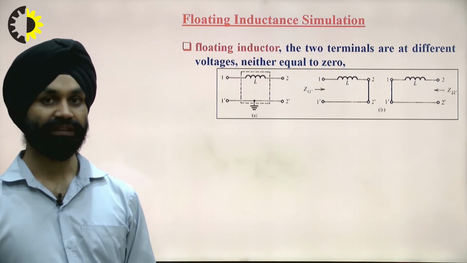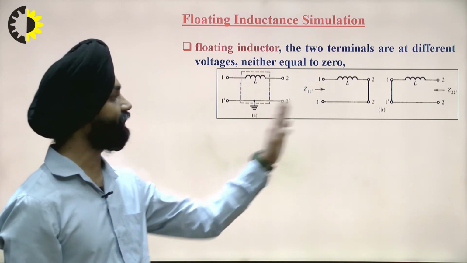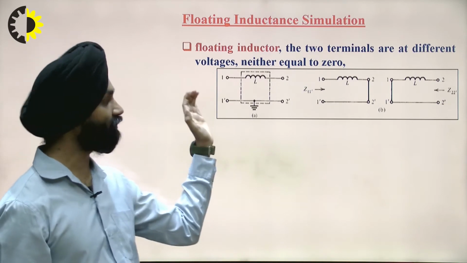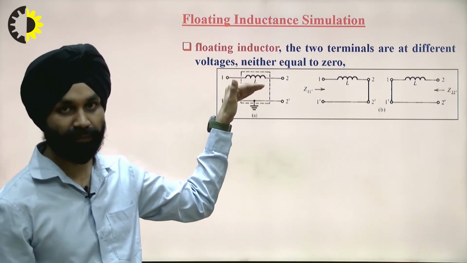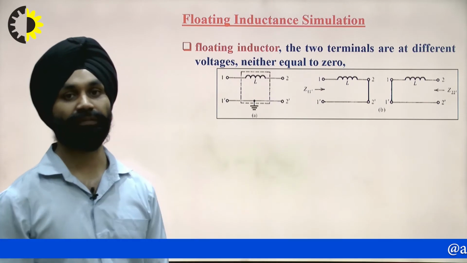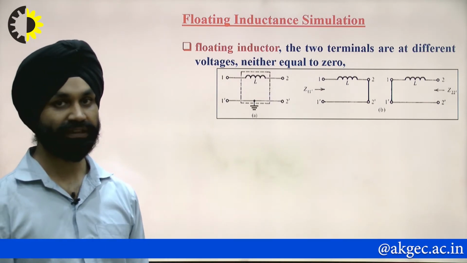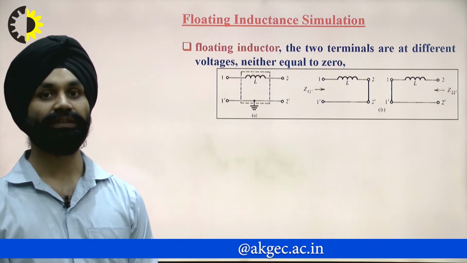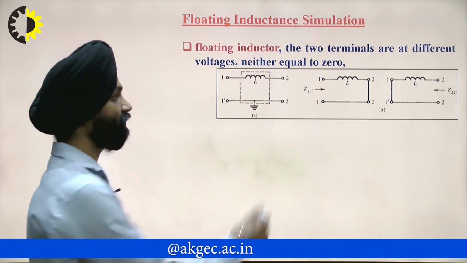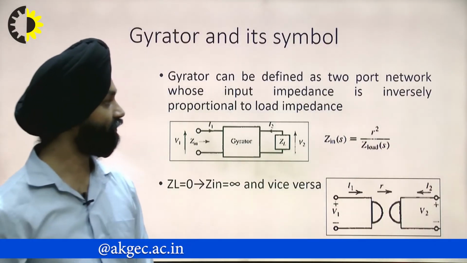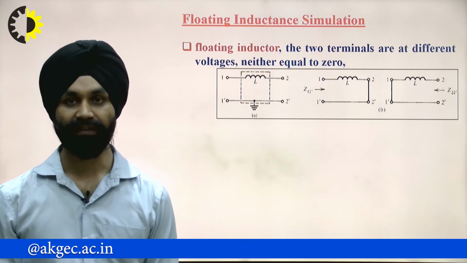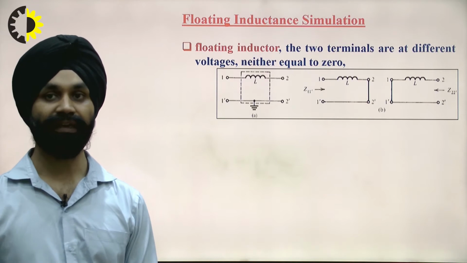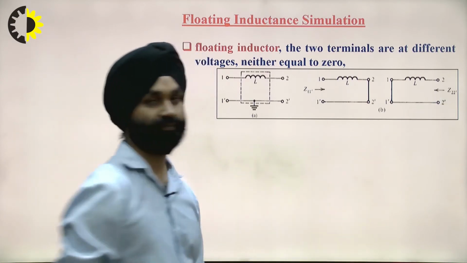Now, we can see this inductor as divided into two parts: one when we see it from one port, and the other when we see it from the second port. From the one port, it can be taken as an inductor whose impedance is Z11, and the second is an inductor whose impedance is Z22.